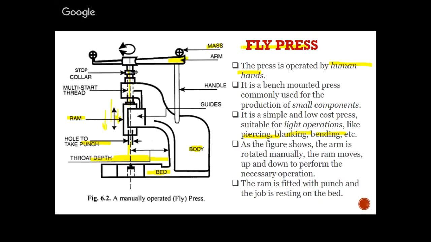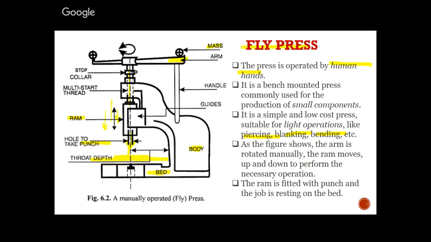Generally the ram is fitted with the punch and the job rests on the bed, so you can use it for small operations with very small sheet sizes. At that time you can use this fly press as a sheet metal operation machine.